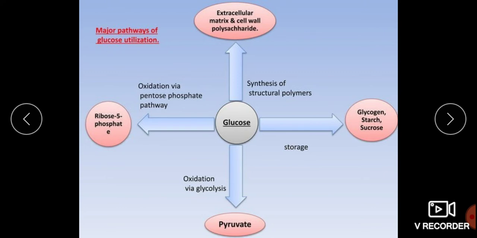Glucose gets oxidized in glycolysis to pyruvic acid or pyruvate. Glucose gets oxidized via the PP pathway, or pentose phosphate pathway, into ribose 5-phosphate, and this ribose 5-phosphate is an essential precursor for the synthesis of nucleic acids.